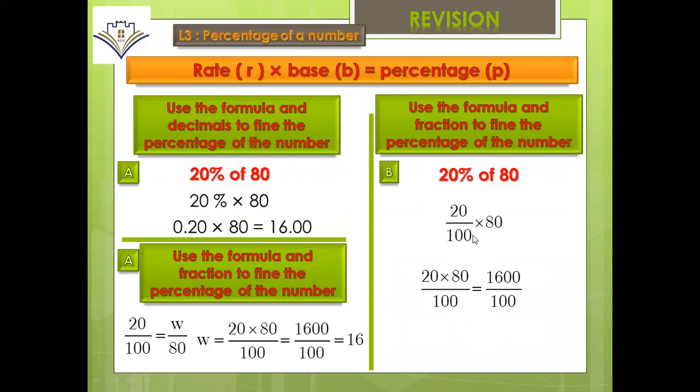Why? Because 80 means 80 divided by 1. The denominator of 80 is 1. Then 20 multiplied by 80 and 100 multiplied by 1 equals 100. Then 1,600 divided by 100 equals 16 divided by 1, because both of them are divisible by 100. 16 divided by 1 equals 16.